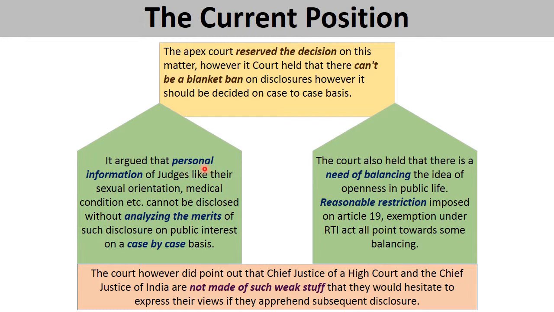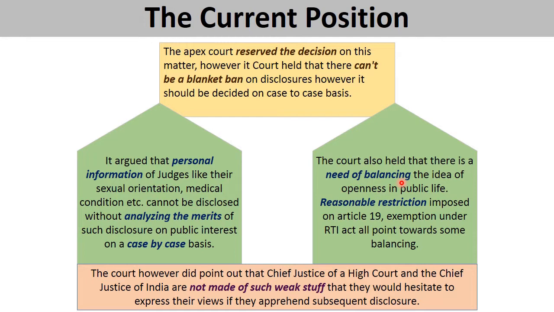And the argument for this was the same. We discussed it in the last slide, that such information can be of a personal nature, such as the sexual orientation of a judge, medical condition, etc. And these cannot be disclosed without analyzing the merits of such disclosure on public interest. The second reason given was there needs to be a balancing in the openness to public life.